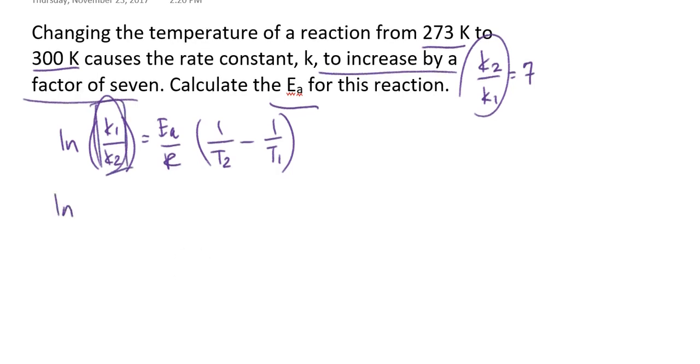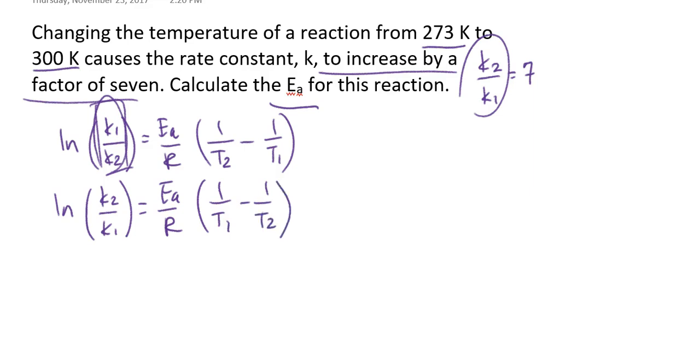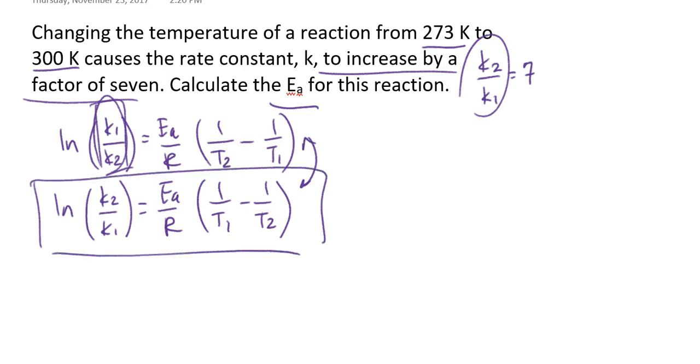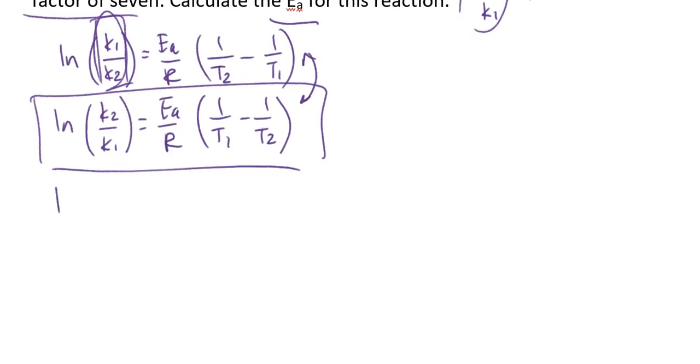Basically what I can do is take the reciprocal on the left-hand side, and all that's going to do on the right-hand side is interchange the respective temperatures. So these two equations are equivalent to each other, but this was just a little bit more convenient to use based on the way the problem is worded and set up. So this is going to be the natural log of 7.